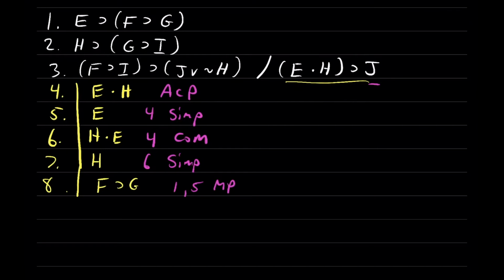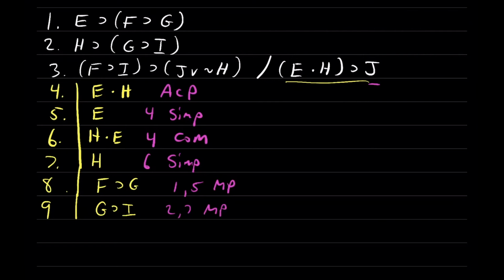I'm going to do the same thing with line 2 and 7, still inside the scope of this vertical sequence. From lines 2 and 7, I can get G implies I. That's line 2 and 7 by modus ponens. Okay, look what I have so far.